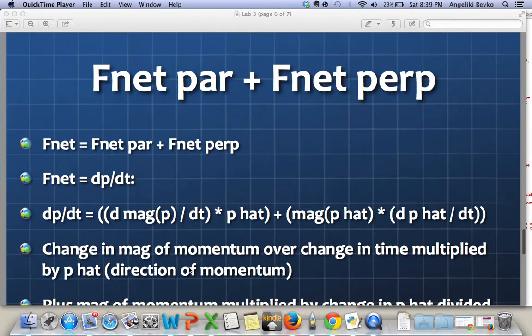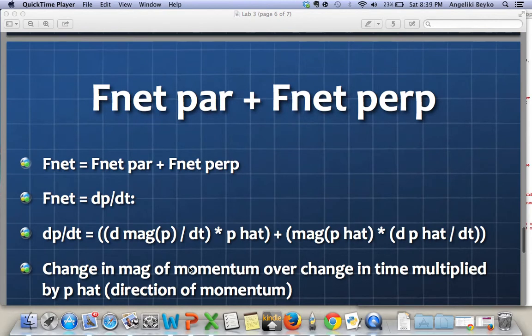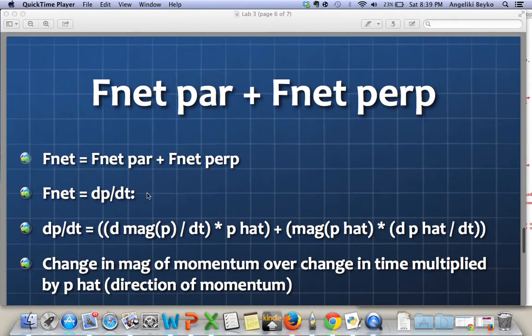So we're going to break down Newton's second law, the momentum principle, into the F net parallel and F net perpendicular components. So F net is equal to F net parallel plus F net perpendicular. F net is equal to dp divided by dt.